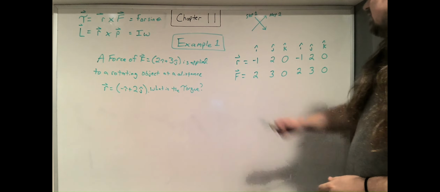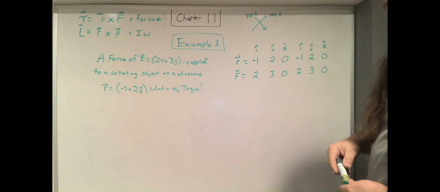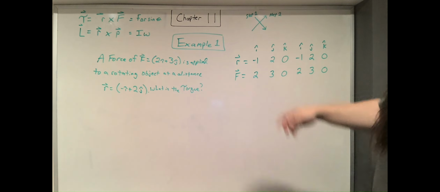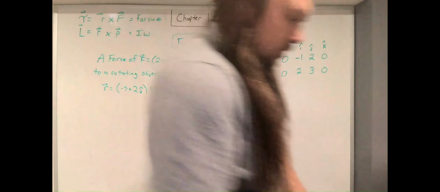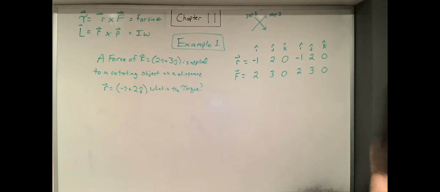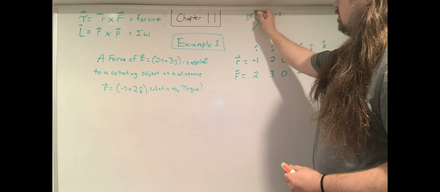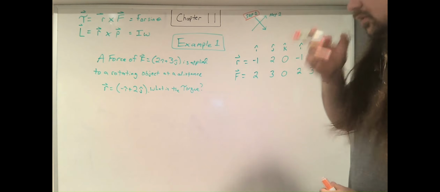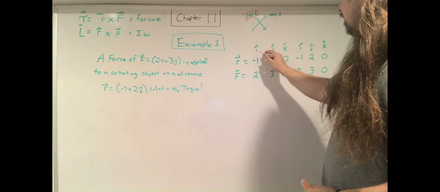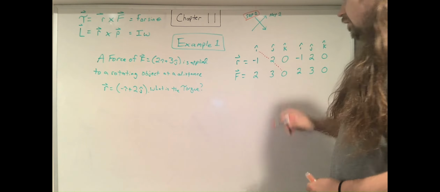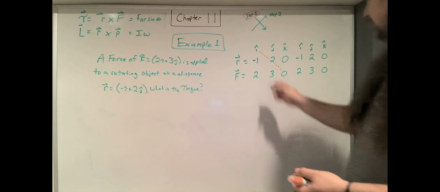All right. In step 1, I started in the upper left corner and I went down to the right. So that's what I'm going to do here. I'm going to grab a different color. Okay. And let's start with step 1. So I'm going to start in the upper left corner with the I, and I'm going to come down. And I get a 2 and a 0, and it's a multiplication, so it's 2 times 0.